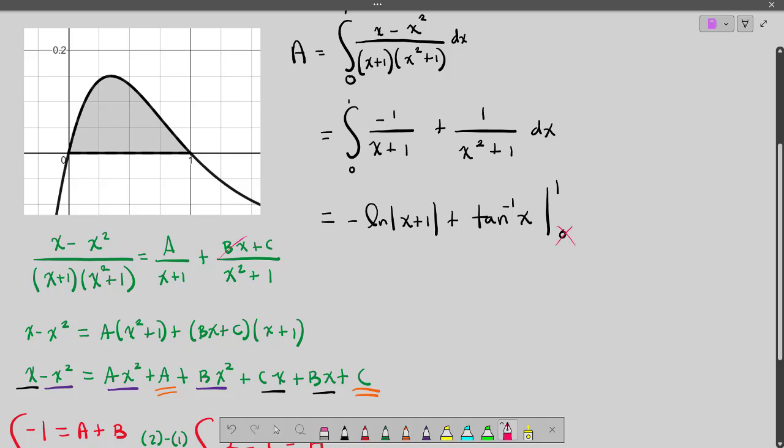We like that. It's going to be 0 in both cases. Natural log of 1 is 0, and inverse tangent of 0 is 0. So we only have to worry about the upper limit of integration. So minus natural log of 2 plus inverse tangent of 1.